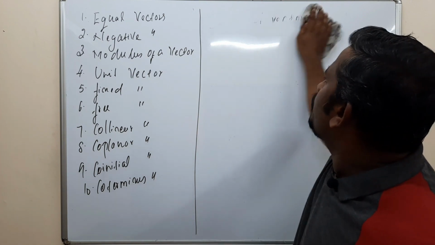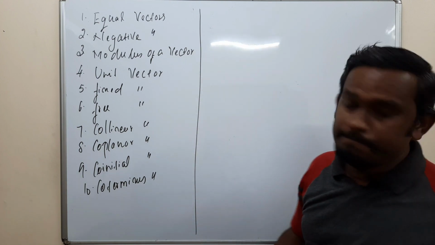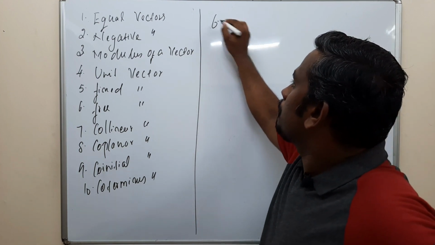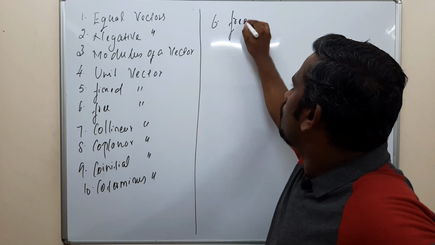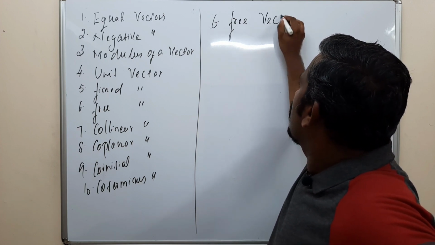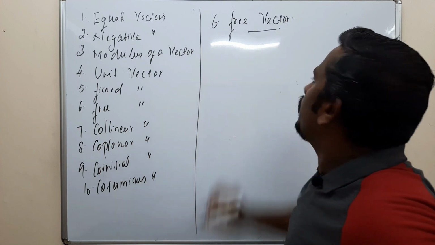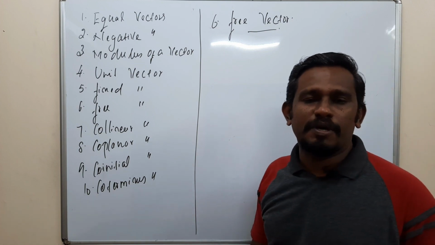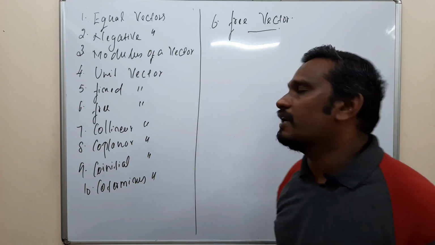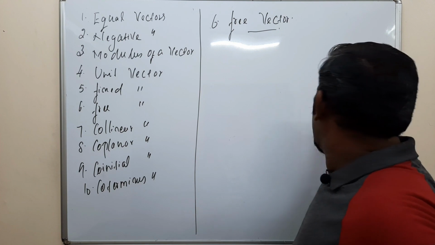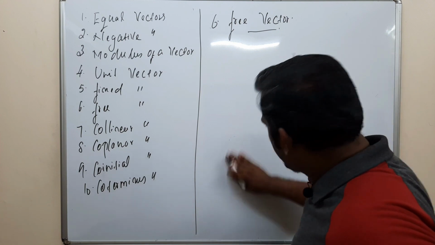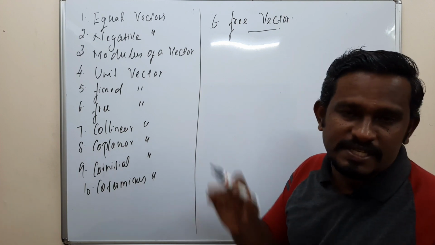A free vector is the opposite of a fixed vector. A vector whose initial point is not fixed is called a free vector.